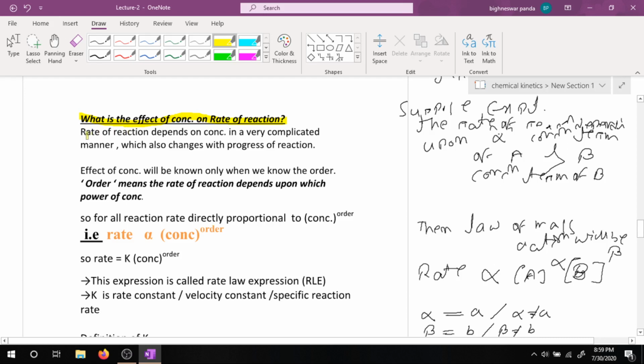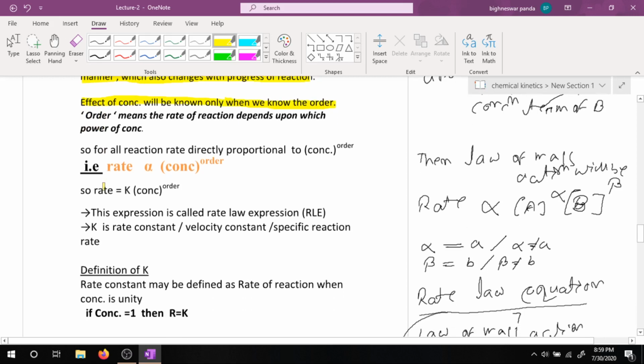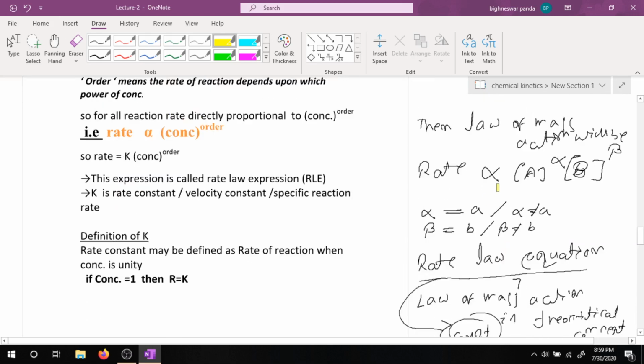It has been found that the rate of reaction depends on concentration in a very complicated manner, which also changes with the progress of reaction. And the effect of concentration will be known only when we know the order, and here we have calculated the order.